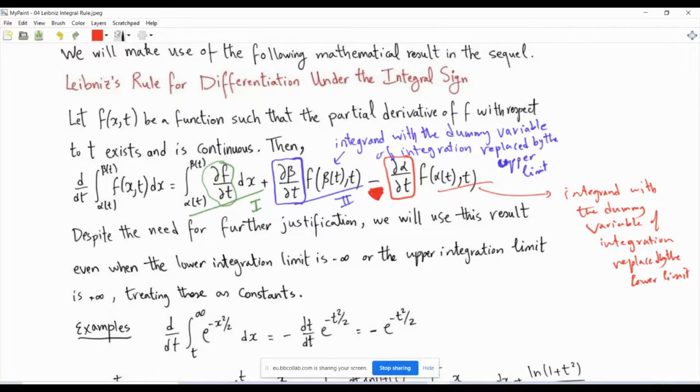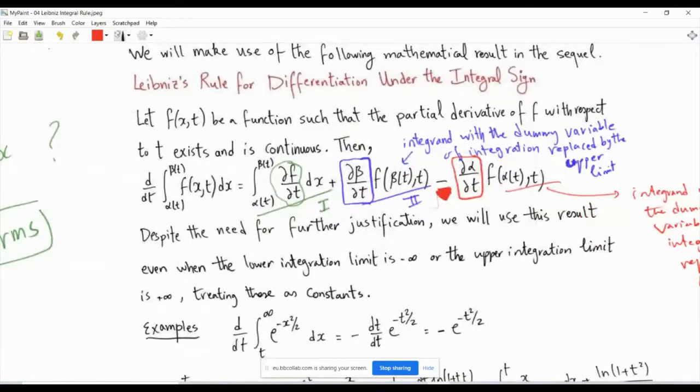Okay, there is a minus sign here. So here with a plus sign, here with a minus sign. So those are our three terms.